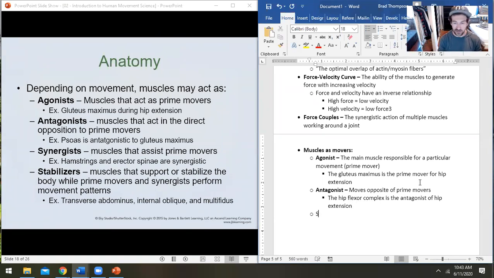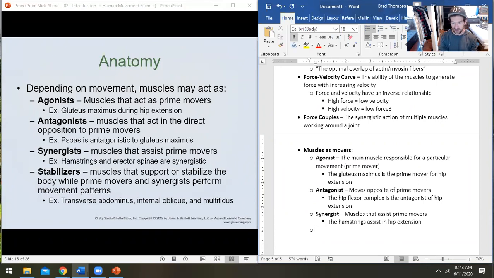But then you've got synergists, which are muscles that assist prime movers, right? A good example of that is the hamstrings assist in hip extension, weakly, but a little.